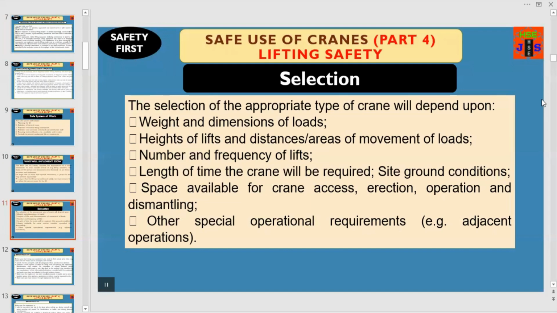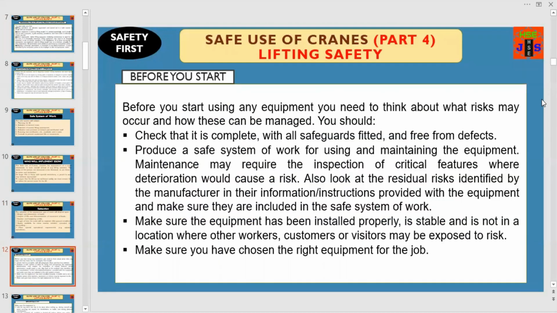in your workplace. Let us discuss now what to do before starting a lifting operation. Dear friends and fellows, before you start using any equipment, you need to think about what risks may occur and how these can be managed. You should check that it is complete with all safeguards fitted and free from defects. This is about the lifting equipment and lifting accessories.